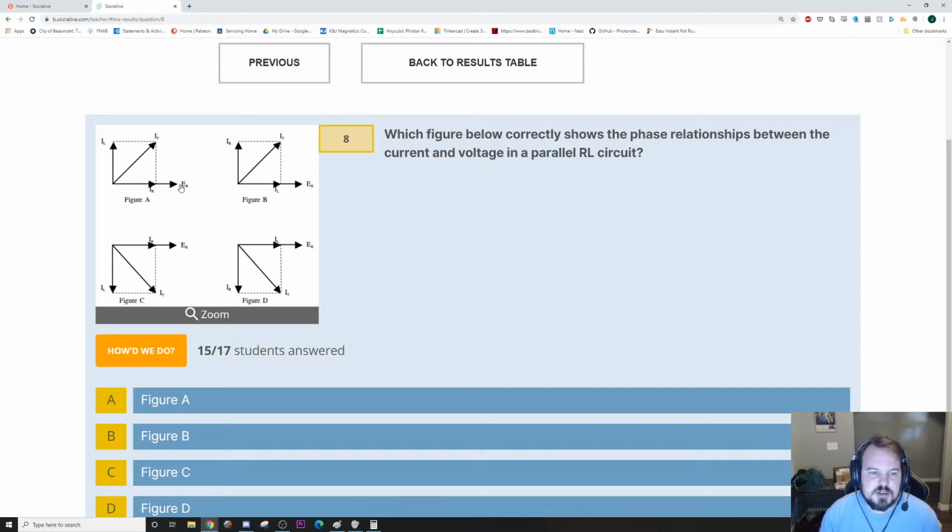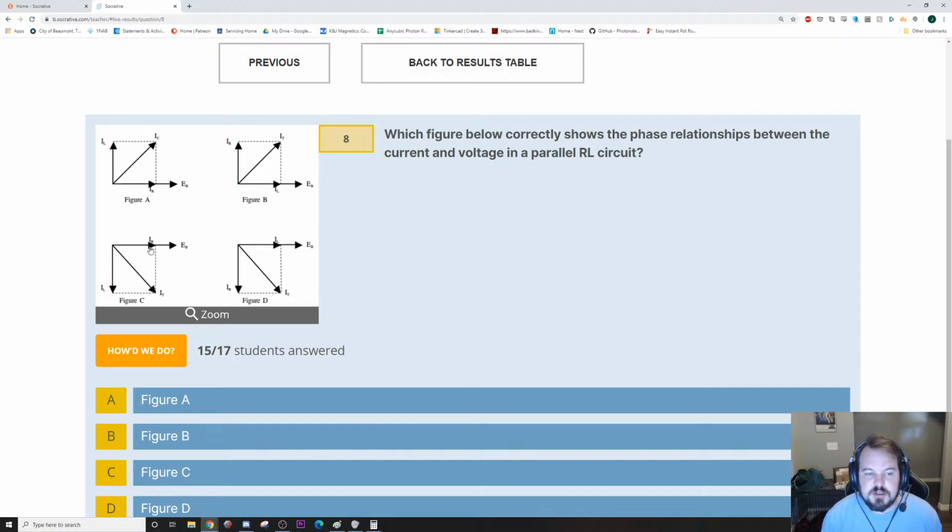Voltage is 0 degrees. Voltage leads current, so voltage will be 90 degrees ahead of inductive current. So ER and IR are at 0 degrees. Yes, absolutely. So we're between figure A and B.